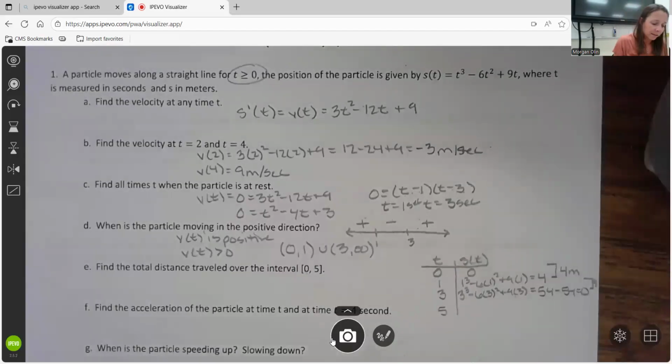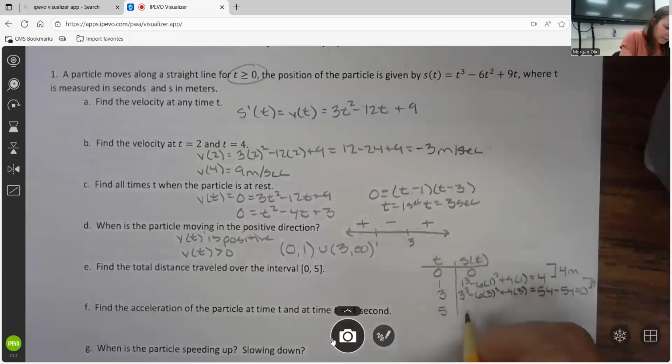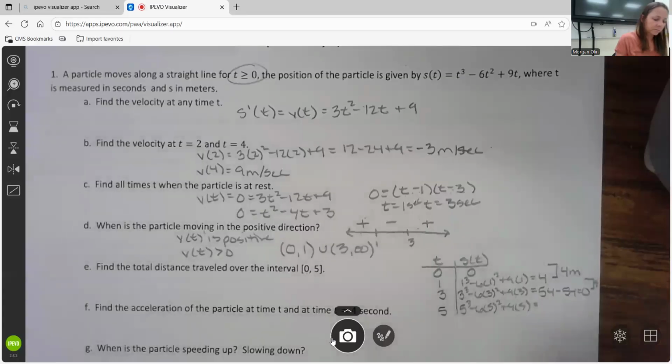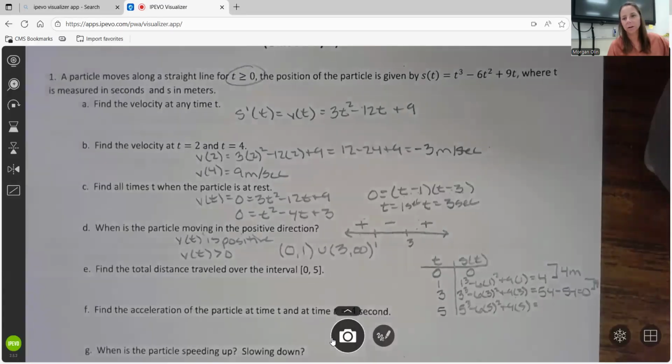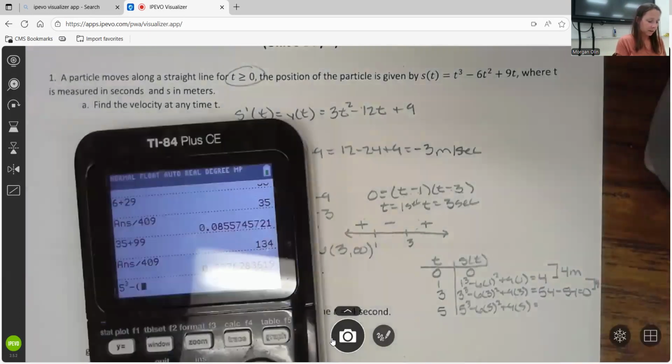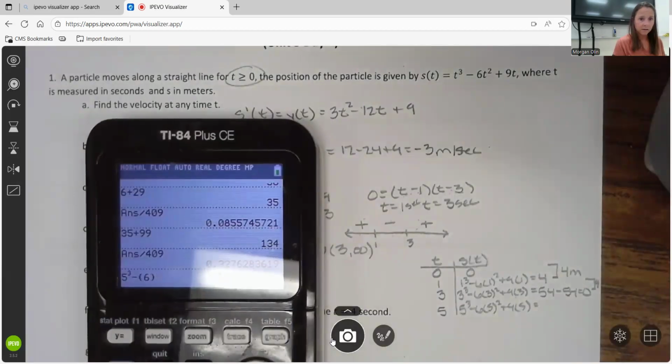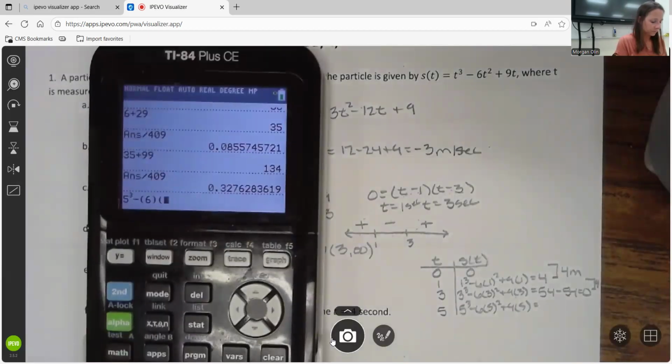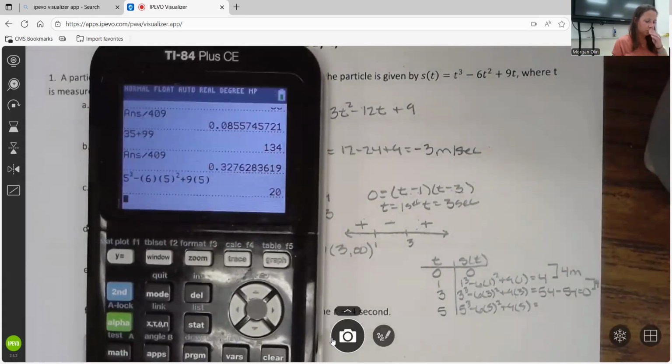Sorry, I put that little 4. And now 5 cubed minus 6 times 5 squared plus 9 times 5. I'm just going to grab the calculator right quick. Usually we would do this without a calculator, but for time's sake, I'm plugging it in. We could use Desmos too if we wanted.